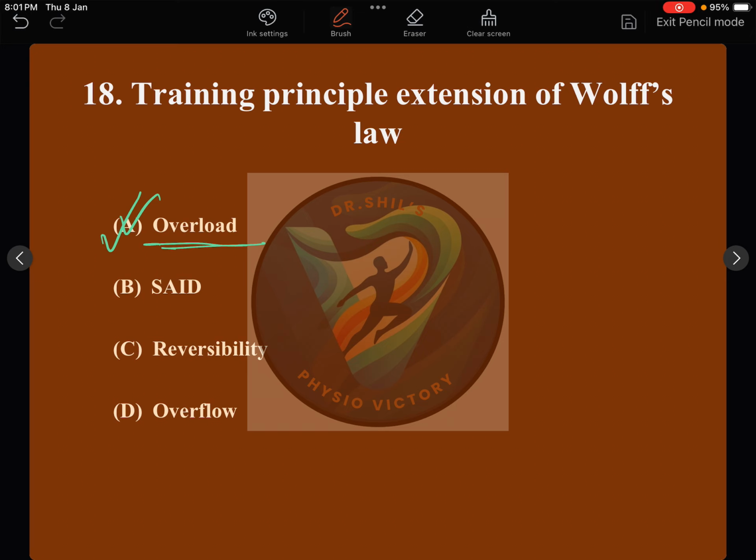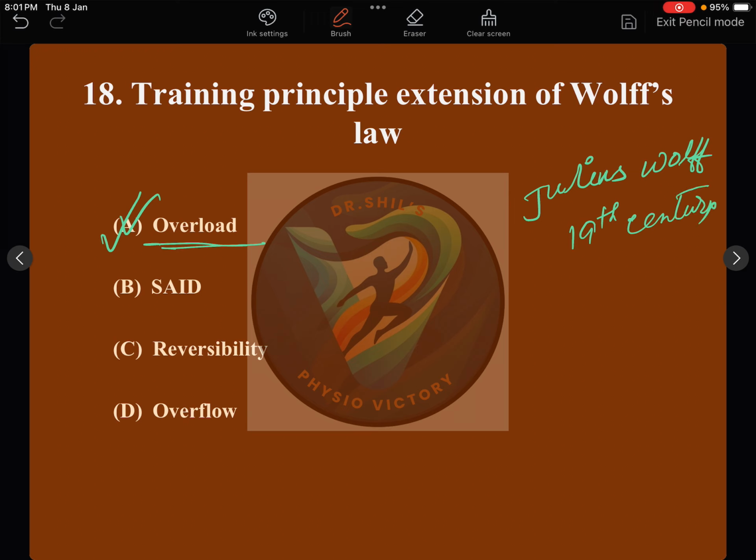Wolff's law was found by Julius Wolff in 19th century.